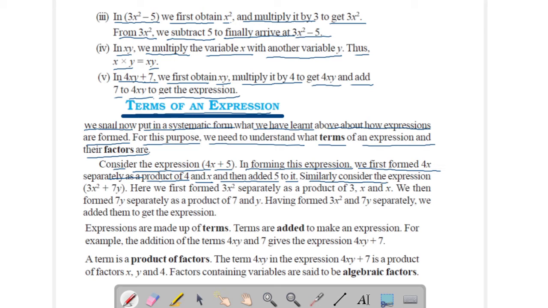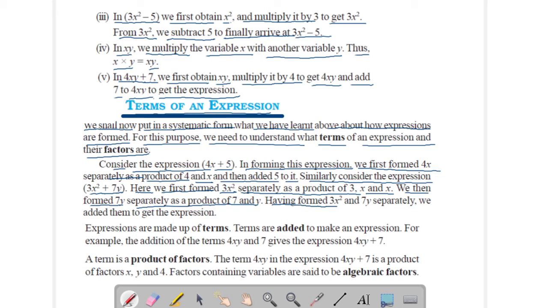Similarly, consider the expression 3x square plus 7y. Here, we first formed 3x square separately as a product of 3, x, and x. We then formed 7y separately as a product of 7 and y.